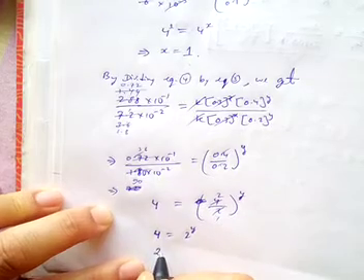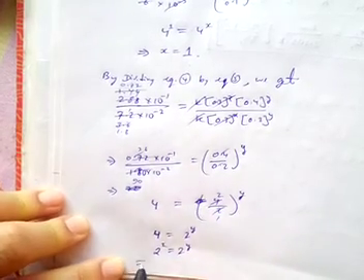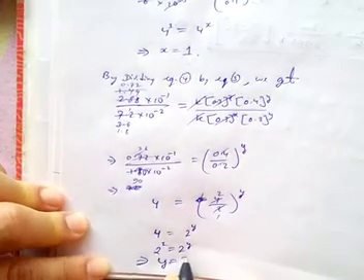So 4 equals 2 to the power y. We write 2 to the power 2 equals 2 to the power y. This implies y is equal to 2.